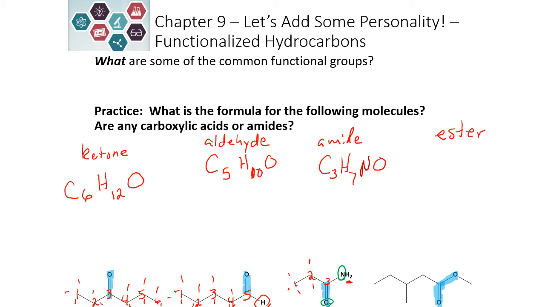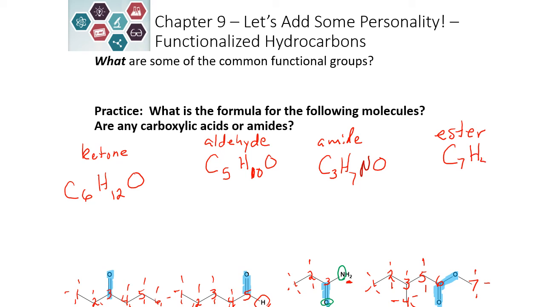So let's count our carbons. 6, 7 on that last carbon. So we have C7. Counting hydrogens. Remember, we need a total of 4 bonds on each. 6 already has 4 bonds, so no hydrogen there. 7 needs 3 additional bonds, so that's 3 hydrogens.